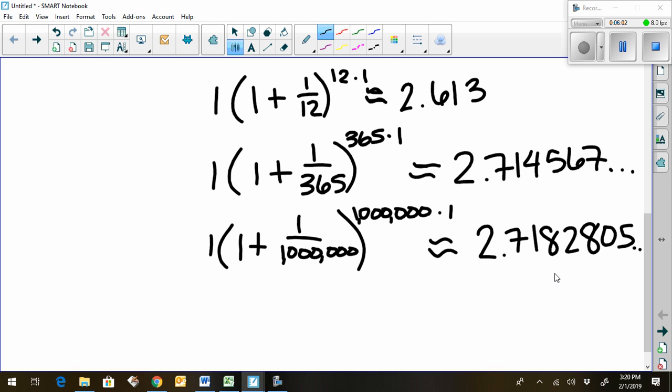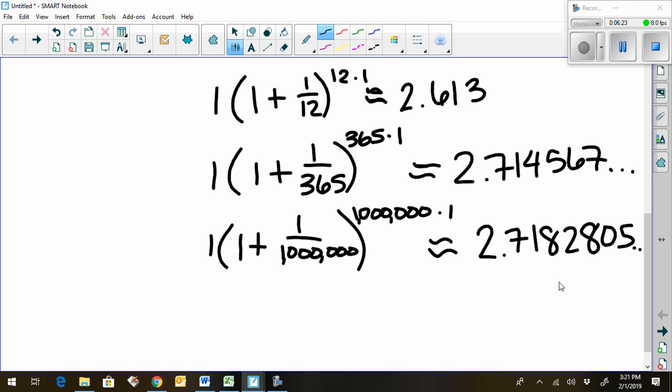Well, now notice how we compounded this 1,000,000 times, which is way bigger than 365 times. But notice how it only changed at not the tenths, not the hundredths, but the thousandths spot. The thousandths spot was the first place that it changed.